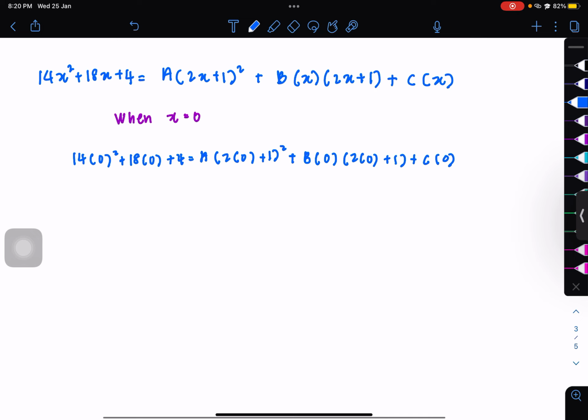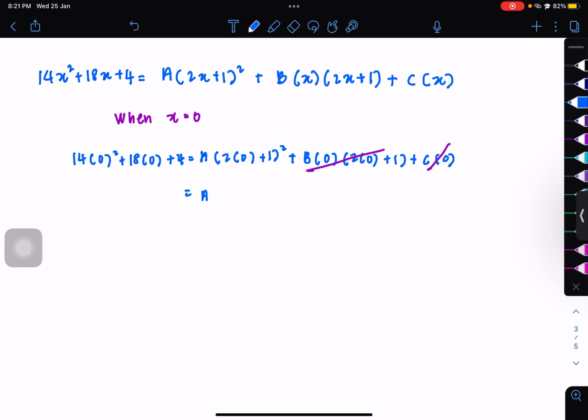So now if you are aware that C times 0 will be 0 lah. Okay, and this one B times 0 and 0 times with this one automatically also will be the same, akan jadi 0. So yang tinggal adalah the value of A, which is A. Because 2 times 0 is 0 plus 1 squared akan jadi 1. 1 times A is A.